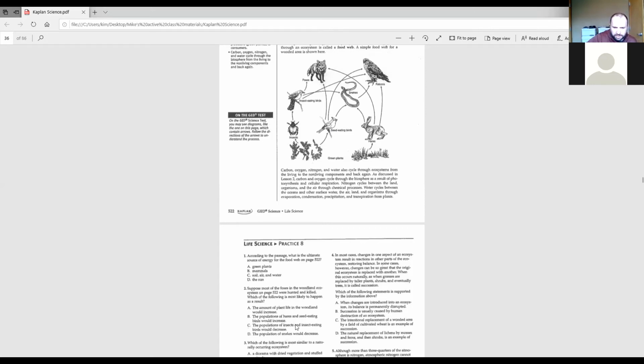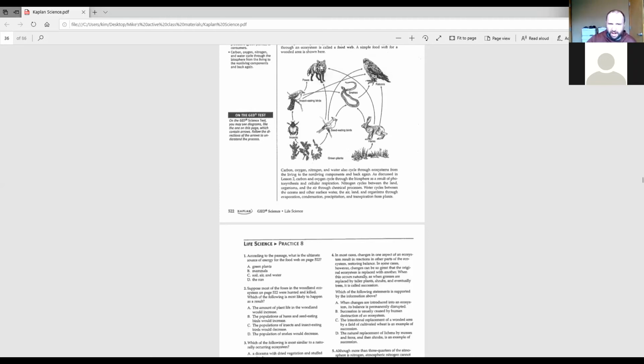C says the population of insects and insect-eating birds would decrease. Sorry, I think I said increase earlier. It would decrease. That's the first one I would for sure get rid of.